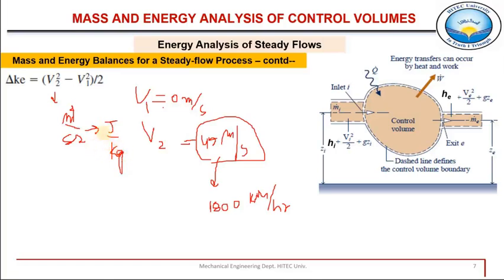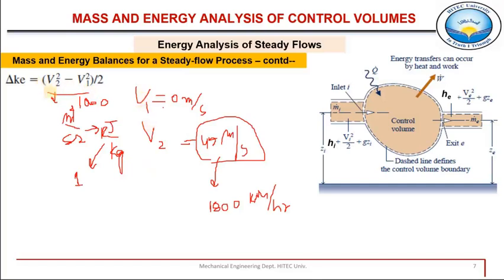If you want to write it in kilojoules per kilogram, then you have to divide this by 1000 also. So if you divide it by 1000, then it is kilojoules per kilogram, and you will notice that this value comes out to be only 1 kilojoule per kilogram.